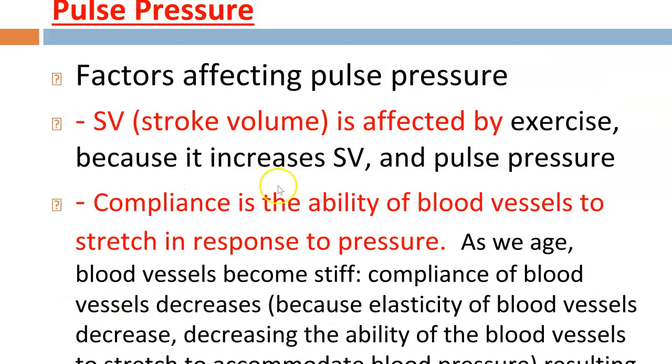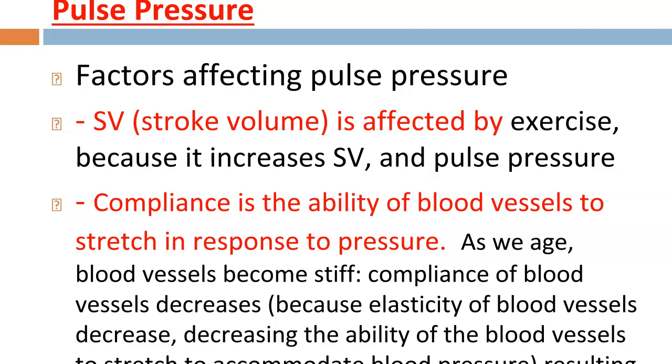As we go to the venules, blood pressure and pulse pressure will again continue to be very, very low. Factors affecting pulse pressure will be the stroke volume, because it has to do with the force with which the left ventricle pumps the blood out.